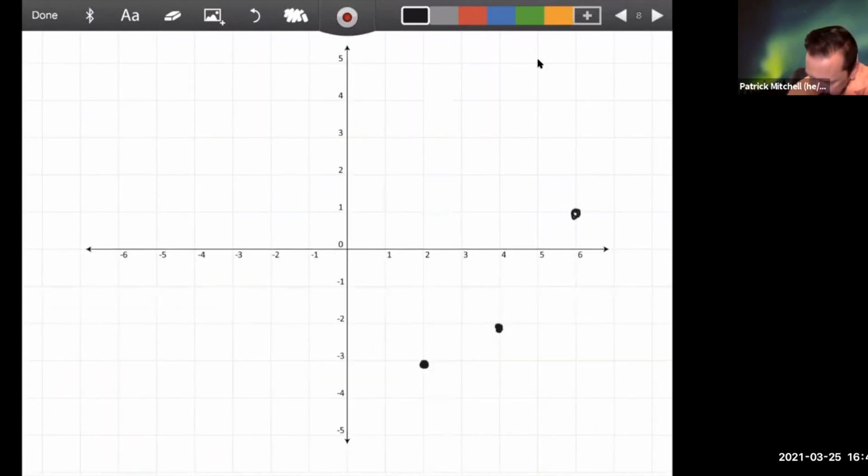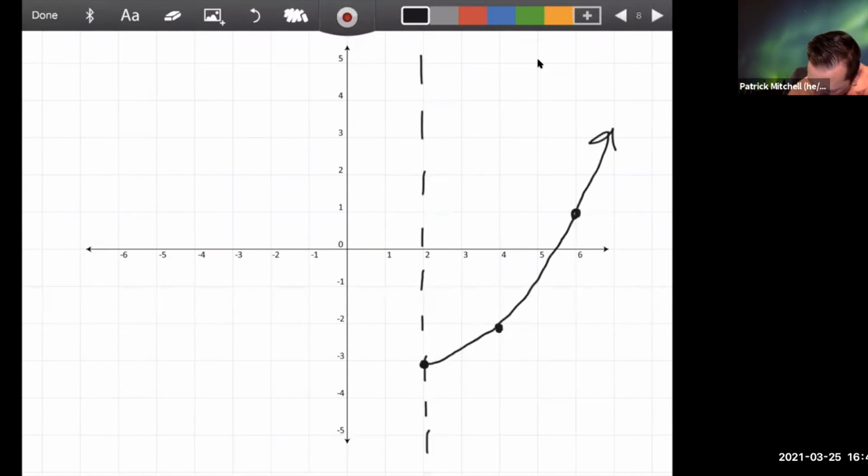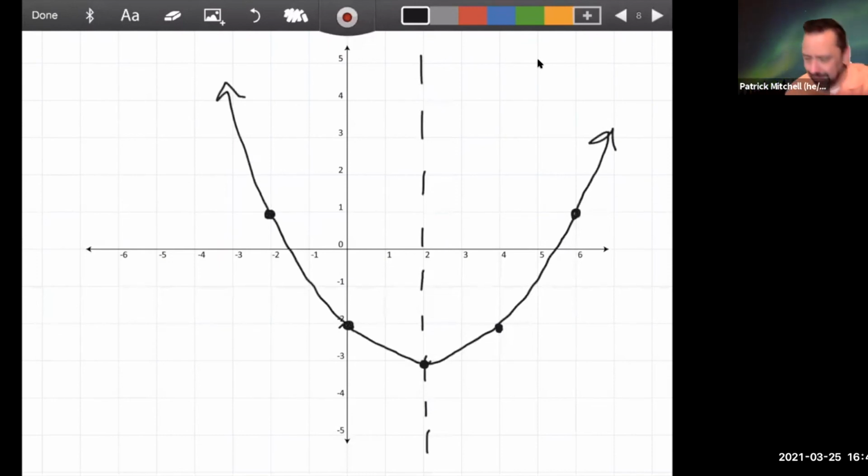Okay, so the right half of the parabola looks like this. This is our wide opening parabola. And because of the symmetry, I know that I also have this point and I have this point. All right, so now we'll go back to the computer. We'll put in that answer and we'll be done with this section.